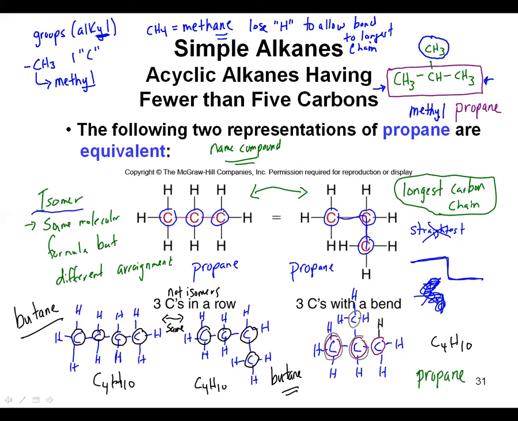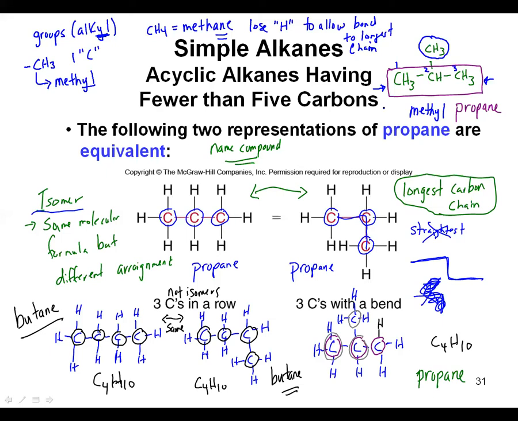And not necessary really in this molecule, but we also will number this chain. So this carbon's carbon 1, that's carbon 2, that's carbon 3, in a way where we can get the smallest number for those groups. This is not really necessary here because there's only one place where that methyl could go. It could only go on the second carbon.